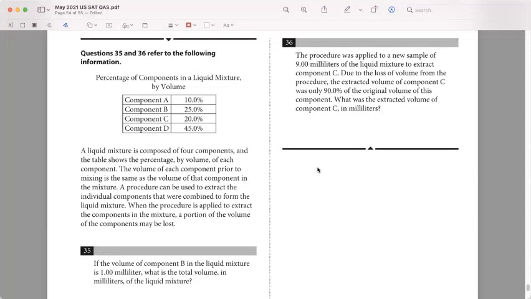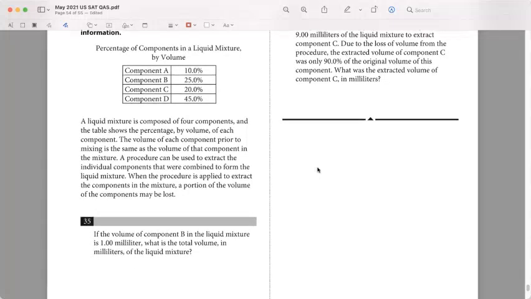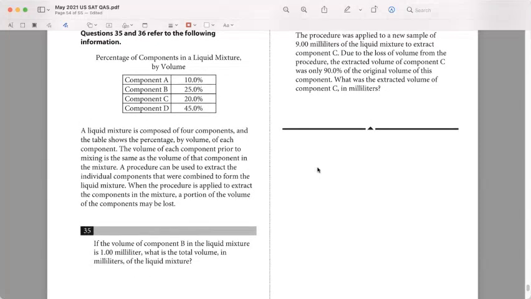Okay, so we have a liquid mixture in which component A is 10, B 25, C 20, and D 45, and that's 100%. So those are the 4. The volume of each component prior to mixing is the same. When the procedure to extract the components is applied, some volume of the components could be lost. If the volume of component B in the liquid mixture is 1 milliliter, what is the total volume?